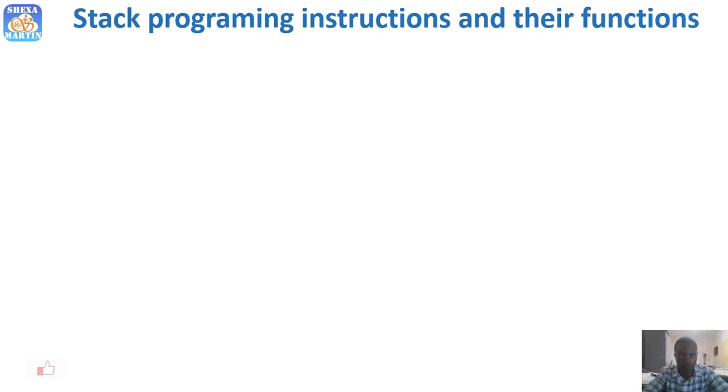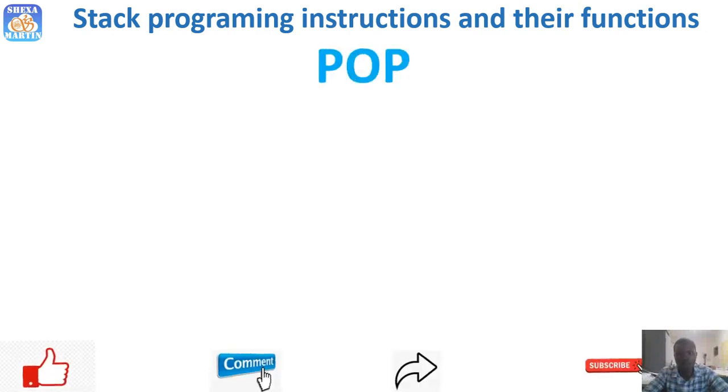Right. Let's now talk about the pop instruction. The pop instruction gets the 16-bit value from the stack. It's now taking the value from the stack to a certain destination. Previously we were saying push source, so we were pushing a certain value from source to the top of the stack.